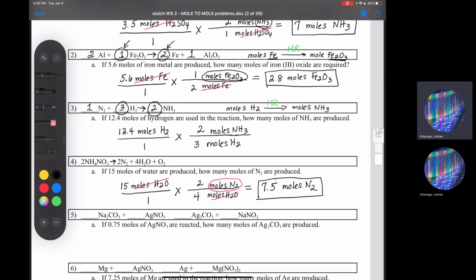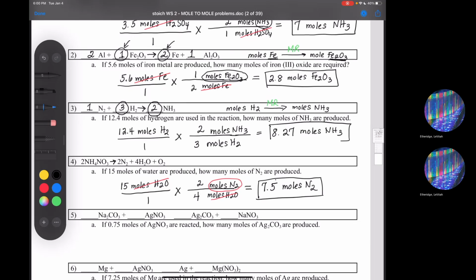You're going to take 12.4, multiply by 2, and then divide by 3, and you will end up with an answer of 8.27 moles of ammonia. Make sure that your units cancel, and that's exactly what it is. The unit left is going to be your moles of ammonia. Okay, so that is the answer for number 3.